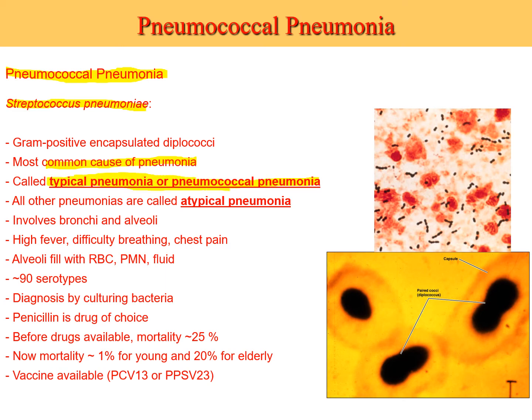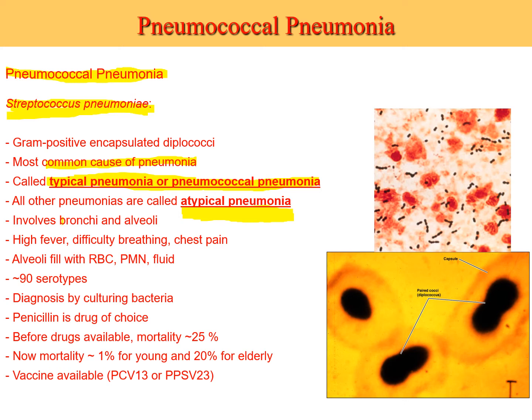So typical pneumonia refers to pneumococcal pneumonia caused by Streptococcus pneumoniae. All the other pneumonias are called atypical pneumonia. So if a patient has typical pneumonia, it's pneumococcal pneumonia. It's caused by Streptococcus pneumoniae. And if it's caused by any of the other bacteria, it's atypical.